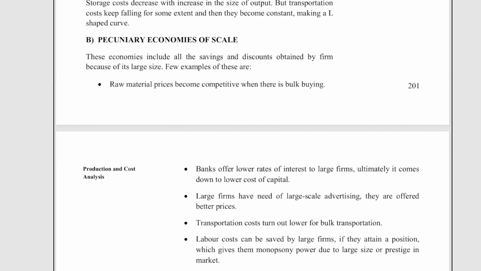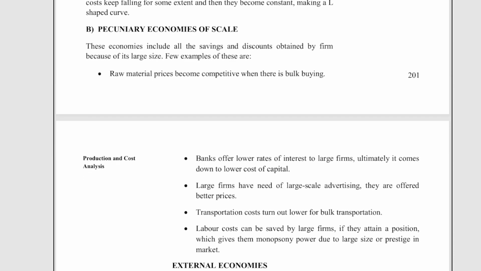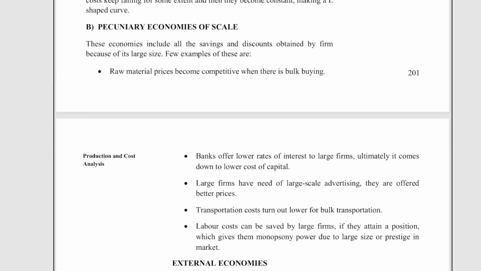And next is pecuniary economies of scale. So what is that? These economies include all the savings and discounts obtained by a firm because of its large size. For example, raw material prices become competitive when there is bulk buying, and banks offer lower rates of interest to large firms, and ultimately it comes down to lower cost of capital.